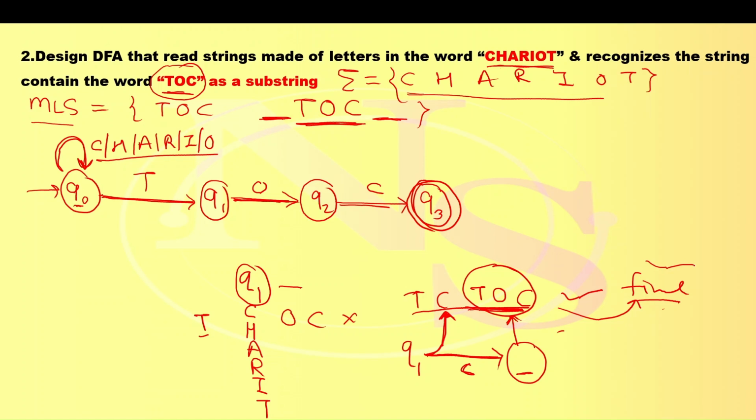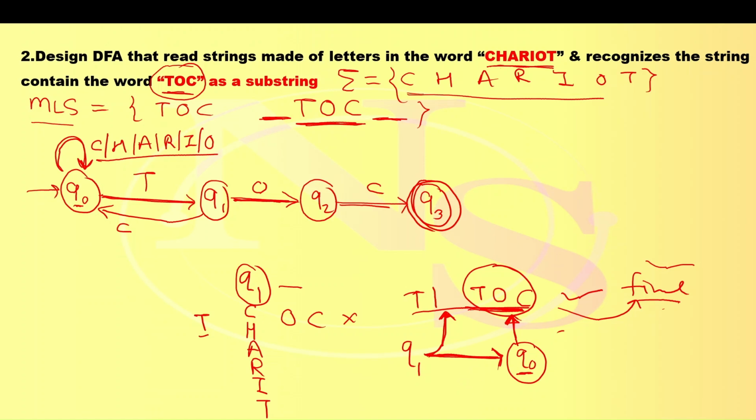That's what we are looking for. So here the other state is nothing but Q0. So transition from Q1 for the symbol C will go to Q0, and from Q0 there is a path for TOC. Similarly, I can take for H.